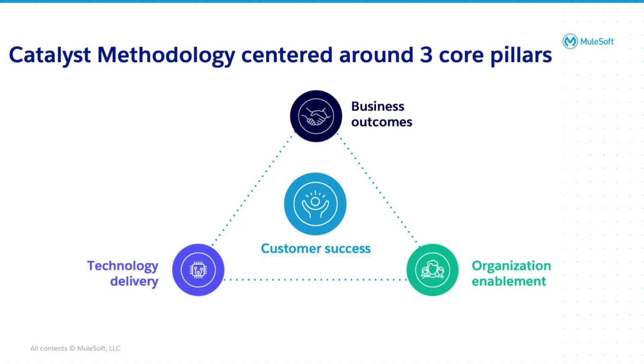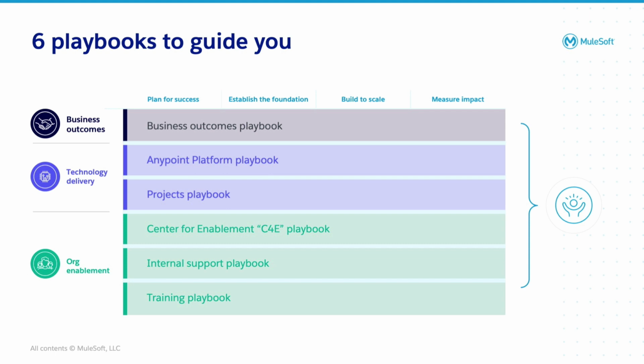MuleSoft Catalyst has three core pillars, which underpin a successful MuleSoft implementation: identify business outcomes, managing and enabling the organization, and of course, delivering the technology. These pillars have a total of 6 codified playbooks, each having step-by-step guidelines containing best practices.